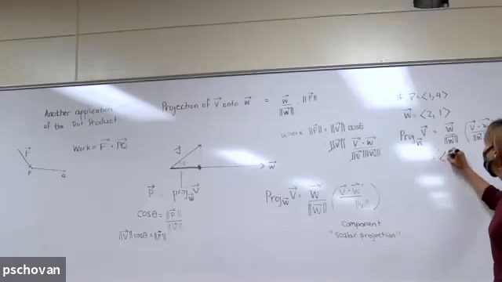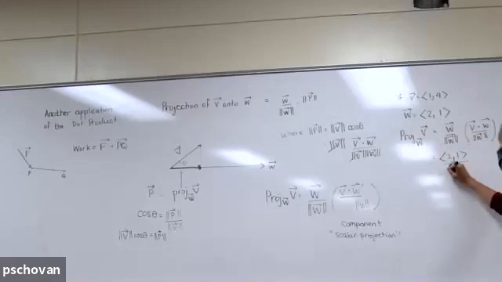So here's vector W. Quick, what's the magnitude of vector W? Square root of 5. 2 squared plus 1 squared. V dot W: take 1 times 2 plus 4 times 1. So V dot W is 6.